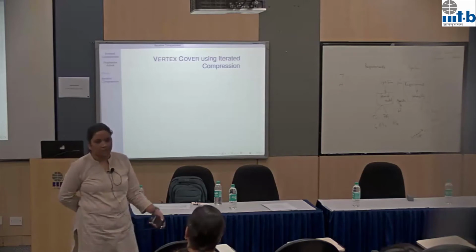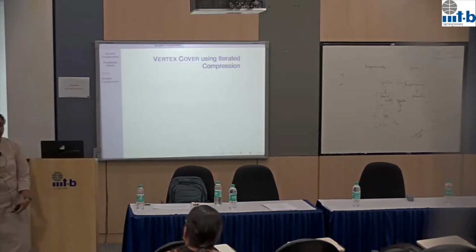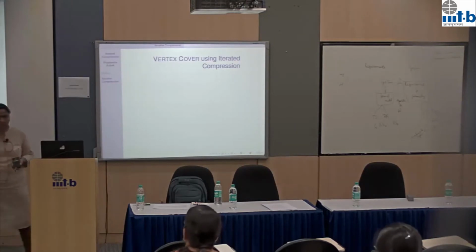It can be null, right? So you consider all possible intersections of z with x, and that's where your FPT time comes through. In how many possible ways can x intersect with z? Z is of size k plus 1 or 2k or something.